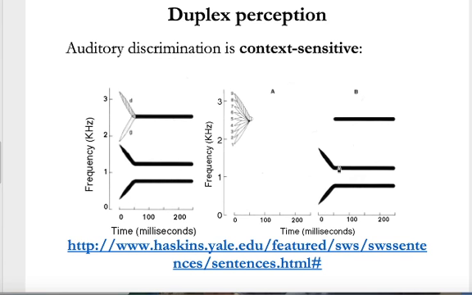This is duplex perception. It's the claim that even the same sound can be treated very differently depending on whether it's processed as speech or as non-speech. So that's, again, if you're just detecting raw acoustic properties, very hard to explain.